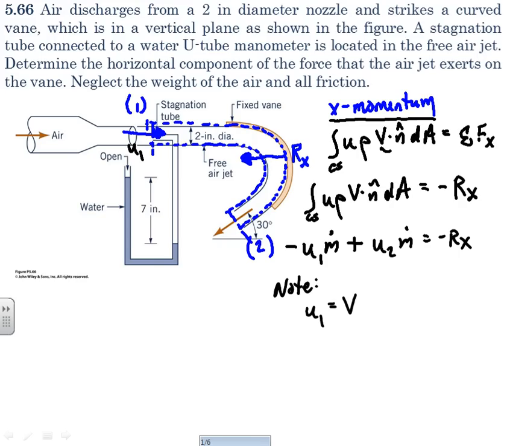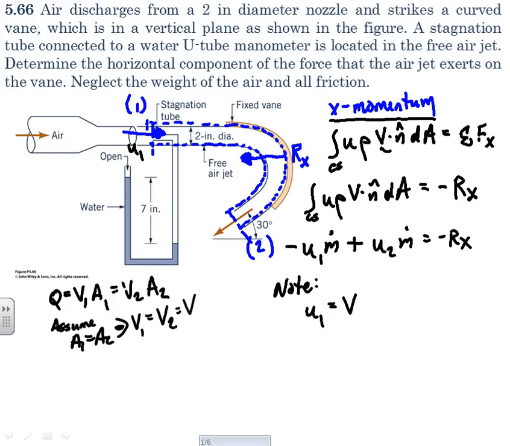So between position 1 and position 2, continuity tells us that V1 times A1 equals V2 times A2. If I'm assuming that as the flow turns it's not increasing in area, that means A1 equals A2. Therefore, V1 must equal V2, and we could just write V.